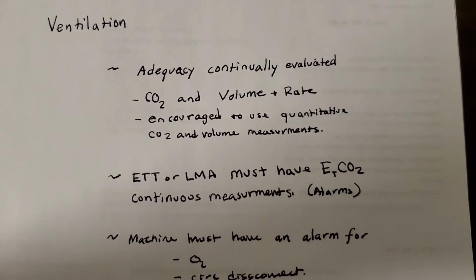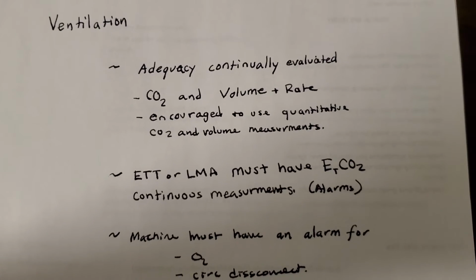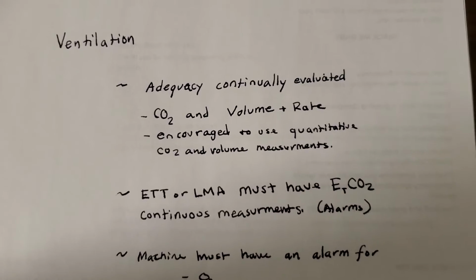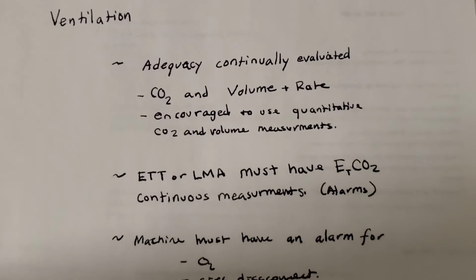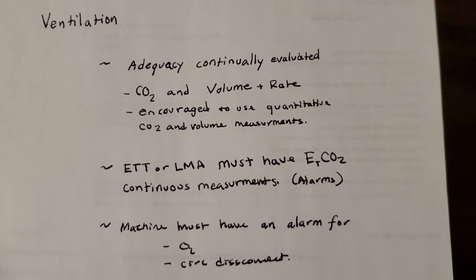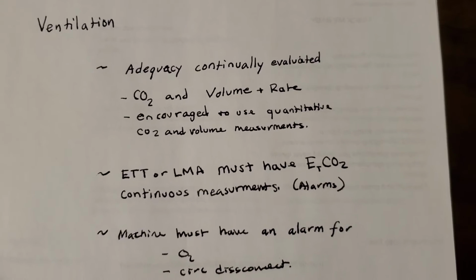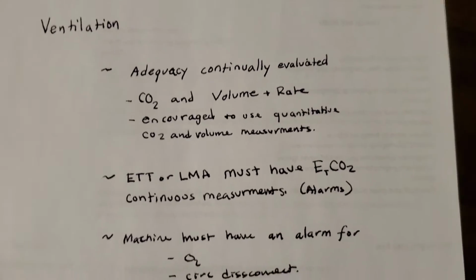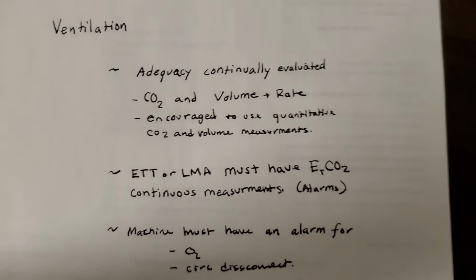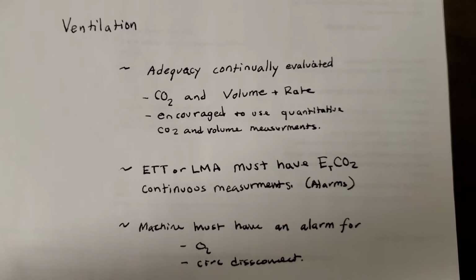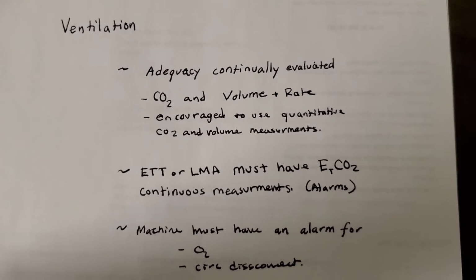And 5 minutes is usually how billing goes too, they charge every 5 minutes. But if there's an endotracheal tube, they do want you to use an end-tidal CO2. If there's no LMA or ET tube, there has to be a way to monitor it. So that doesn't really say they have to have capnography.